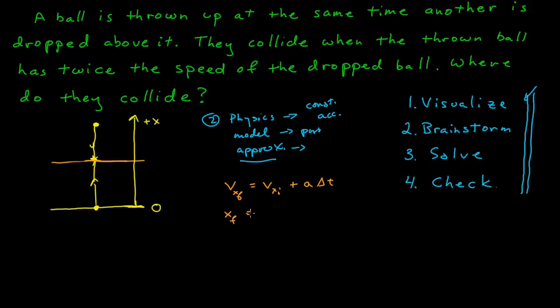Our final position is equal to our initial position plus our initial velocity times our time interval plus 1/2 times our acceleration times our time interval squared. And a third useful equation is that our final velocity squared is equal to our initial velocity squared plus twice the acceleration times the displacement between these 2 points in time.